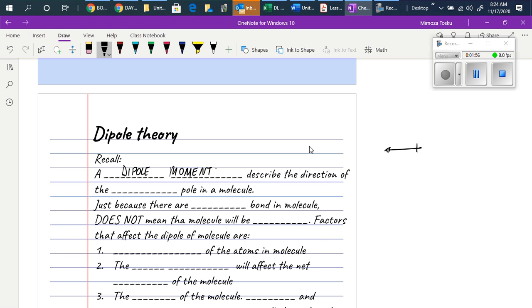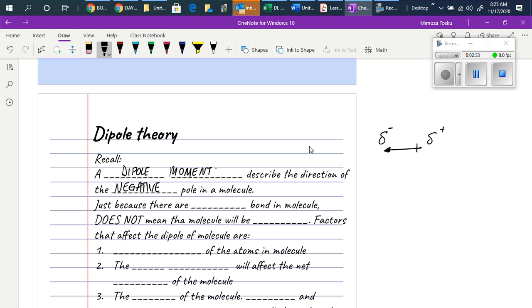So a dipole moment describes the direction of the negative pole in the molecule, okay? Where this arrow is going to, we have a slightly more negative atom, leaving the other one slightly more positive, which creates what is known as the dipole moment.